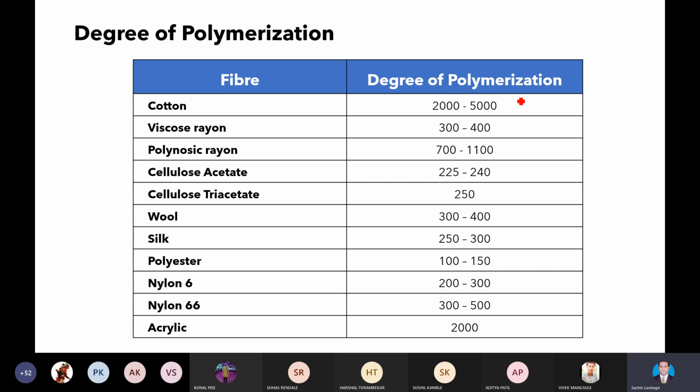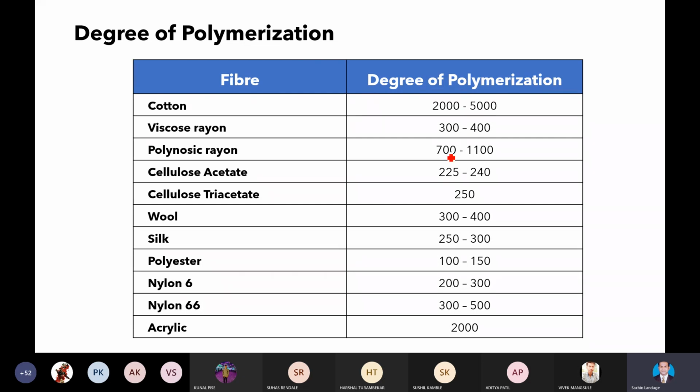A higher DP means a higher molecular weight, because all these are cellulosic fibers, so the repeating unit remains the same in cotton, viscose or polynosic. In cotton the DP is in the range of 2000 to 5000, meaning high molecular weight.